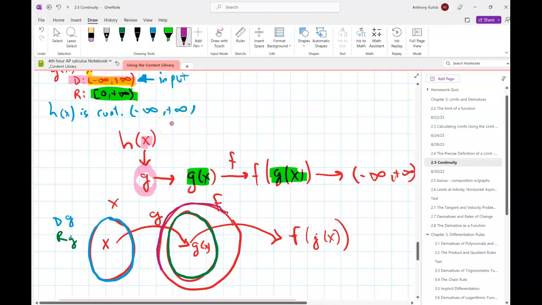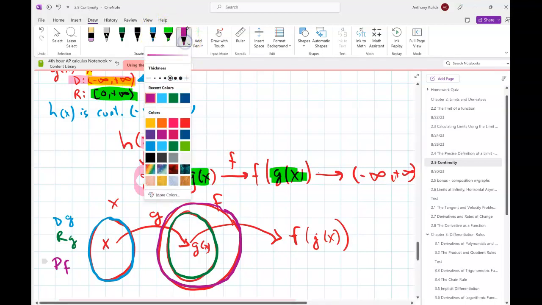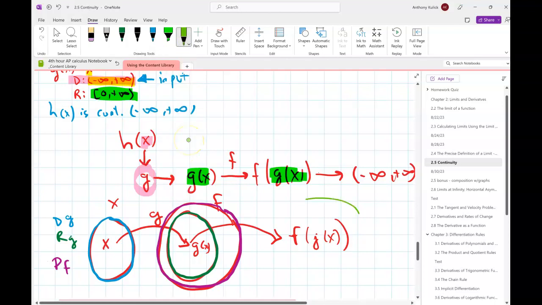This guy is the domain for f. Notice the domain for f contains the entire range of g, right? The domain for f is all real numbers. The range for g was all the non-negative numbers, okay? And then the output here is going to be, this is like the range for f.